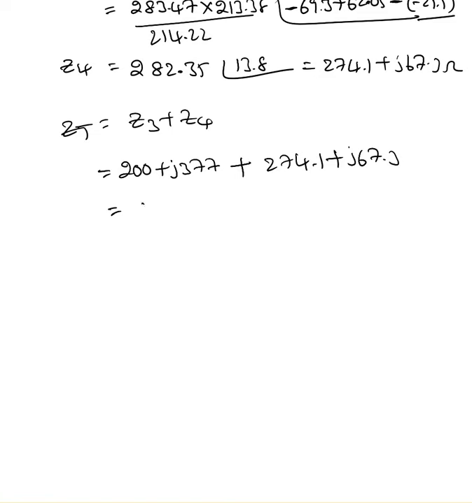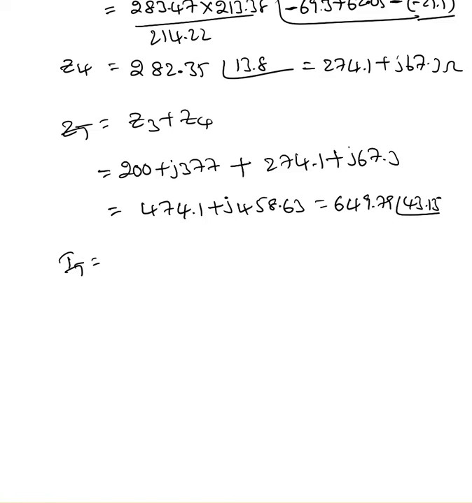So the total is 474.1 plus j 458.63. Okay, you might find small errors here and there in my numbers. Don't worry too much about that. So when I convert this into polar format, 649.79 at an angle of 43.13.